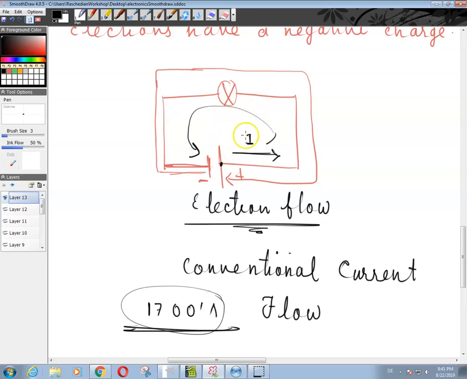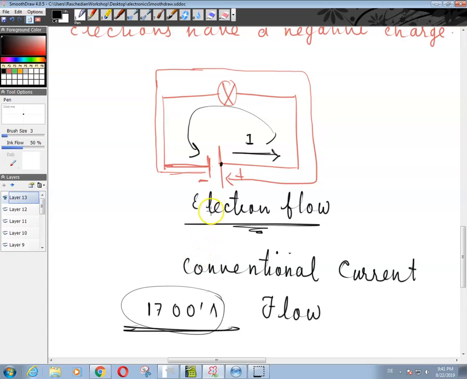Now what happens is that if you do, for example, a course in physics, everything is now based on the electron flow, meaning that in physics you do everything based on electron flow.